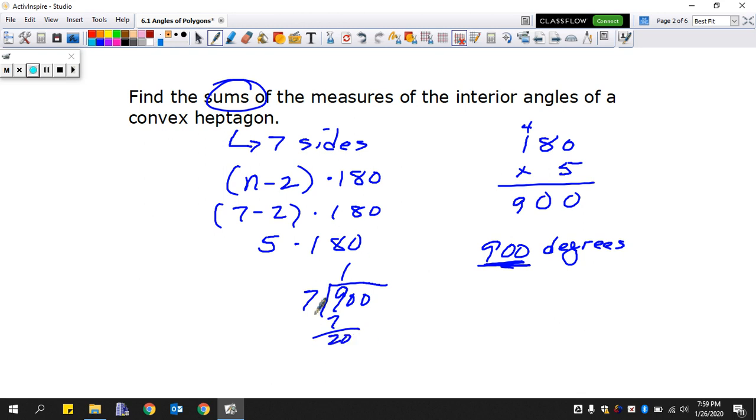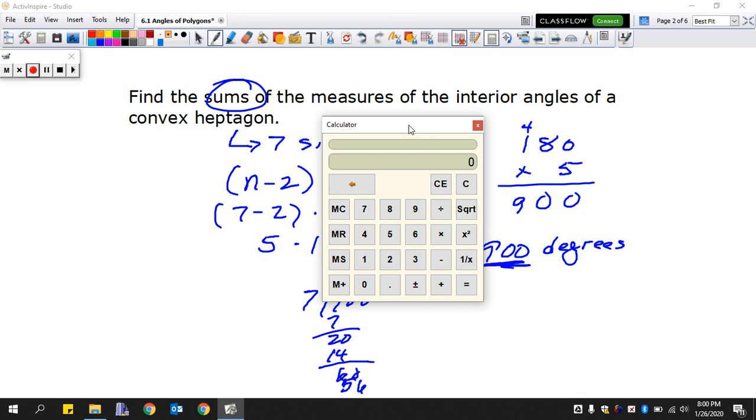7 goes into 22 times, and so that's 6, 0, 7 times 8 is 56, and so on. If we plug it into the calculator, it's going to be a little bit over 128.